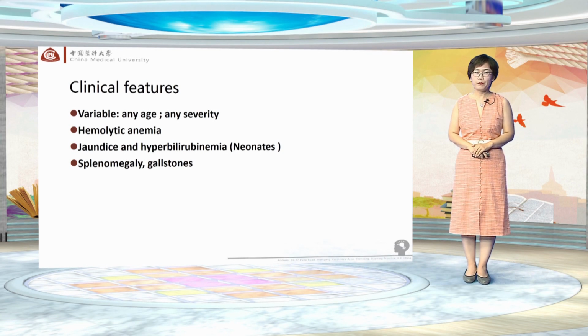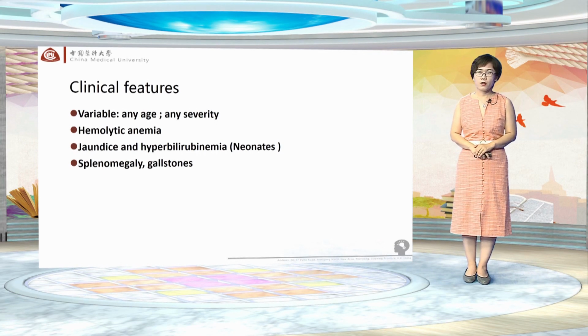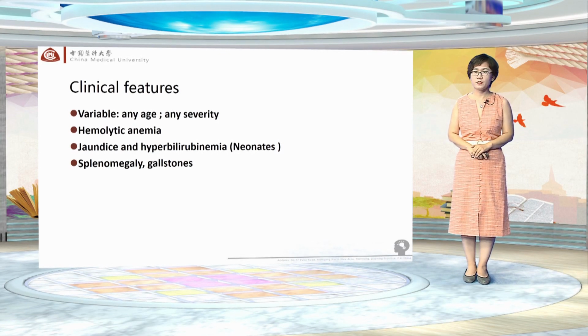The serum bilirubin levels may not peak until several days after birth. In older children and adults, the presentation may be an accidental finding of hemolytic anemia or spherocytes on the blood smear, or the individual may be symptomatic from anemia, splenomegaly, or pigment gallstones.